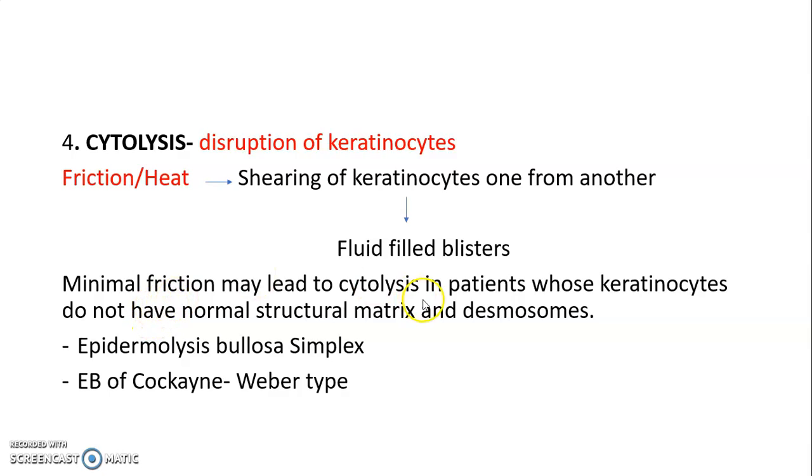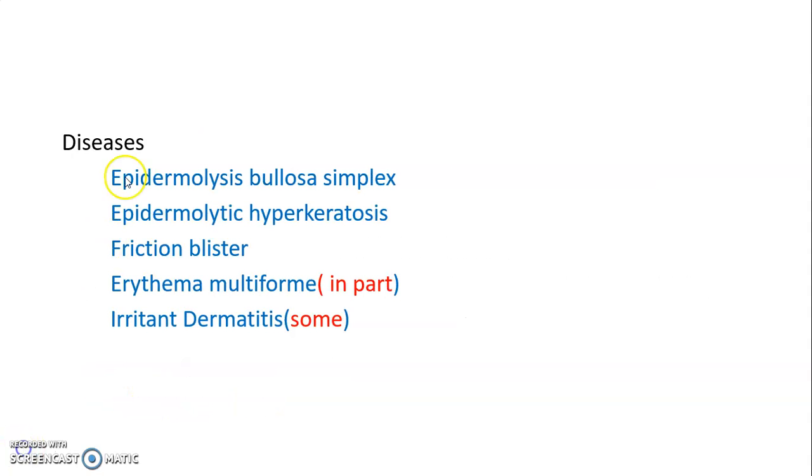Minimal friction may lead to cytolysis in patients whose keratinocytes do not have a normal structural matrix and desmosomes, like in epidermolysis bullosa simplex or epidermolysis bullosa of Koebner type. So the diseases which have blisters formed due to cytolysis are epidermolysis bullosa simplex, epidermolytic hyperkeratosis, friction blisters, erythema multiforme, and irritant dermatitis.